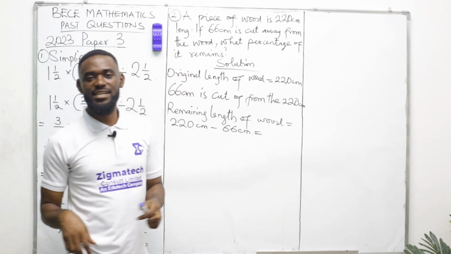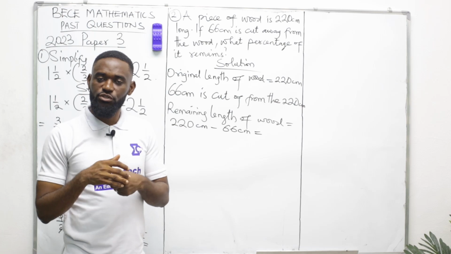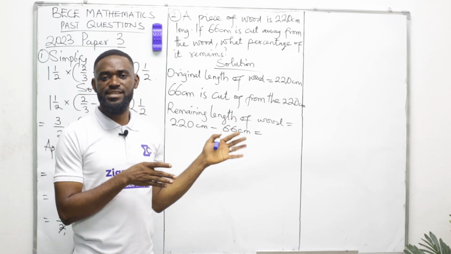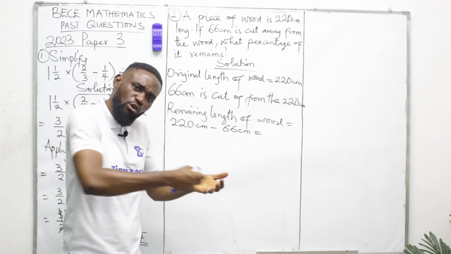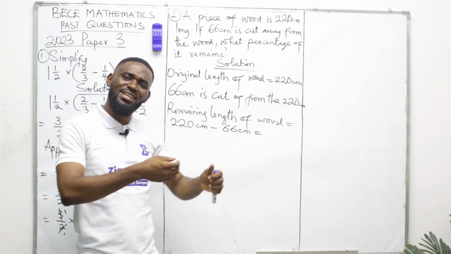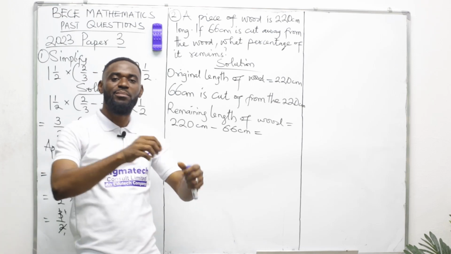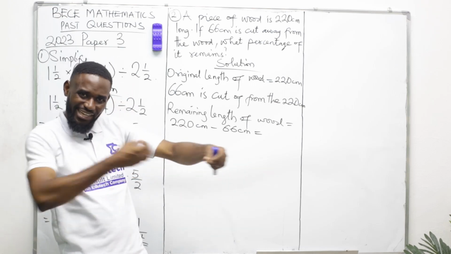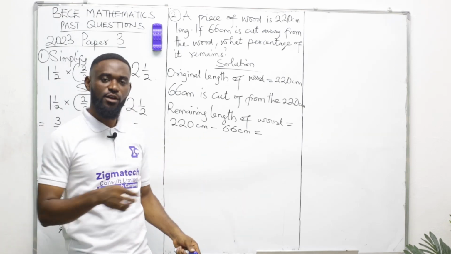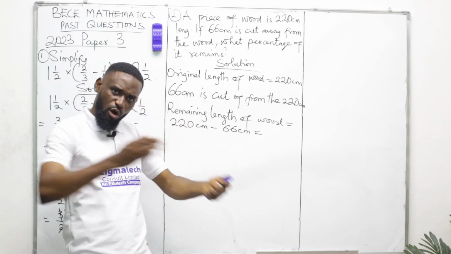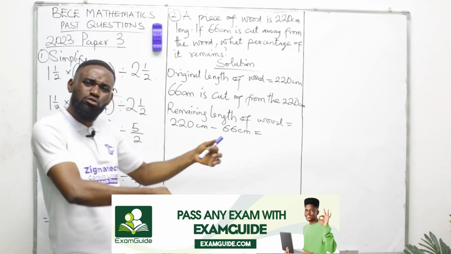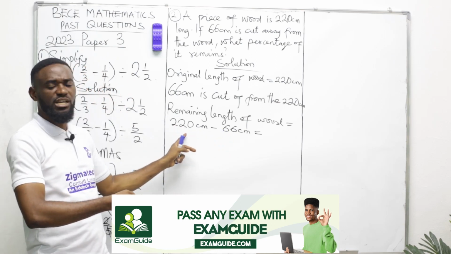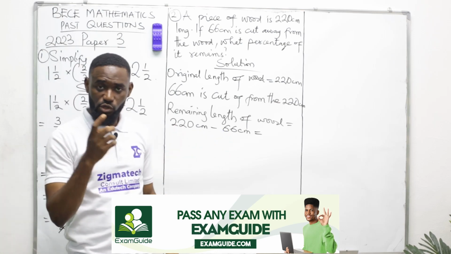Remember, I said that the original wood length is 220 cm, and they said 66 cm is cut off. So cut off means taken away. So take away means what? Subtraction. It is subtracted, removed from the wood, chopped off from it. So we're going to take 66 cm out of 220 cm, and that is subtraction.